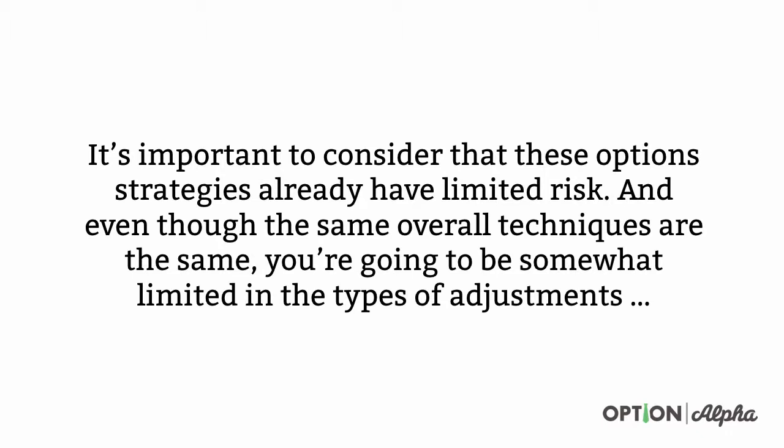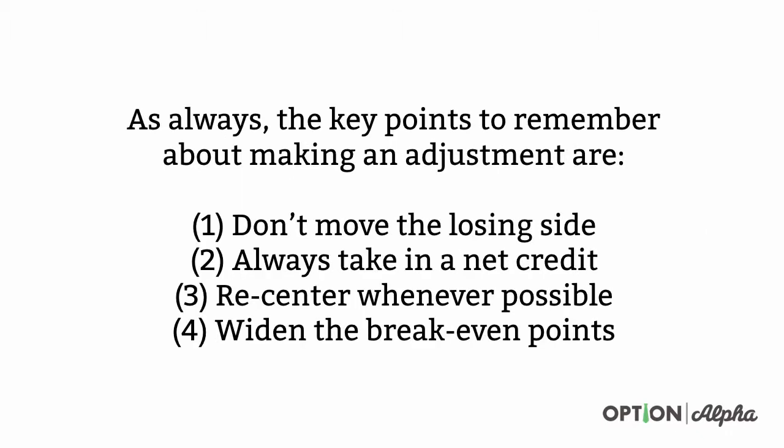And what it's mainly going to do is limit the ability to possibly turn all of these trades around and make them winners. You're going to be more focused on these types of trades on reducing risk, not necessarily on potentially making any money off of these trades, but again, in capping the amount of risk that you have in the position or reducing the amount of risk that you have in the position.